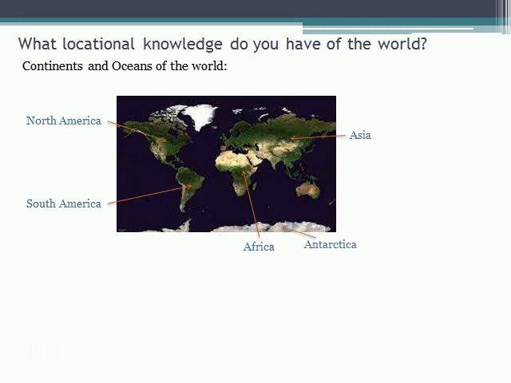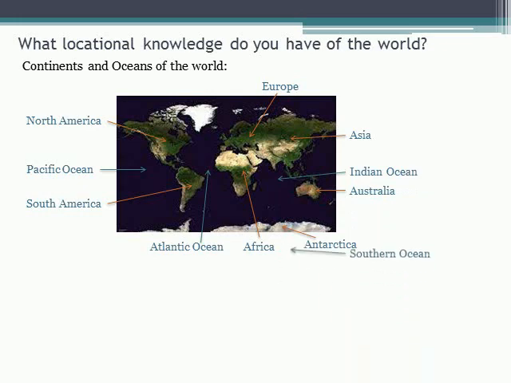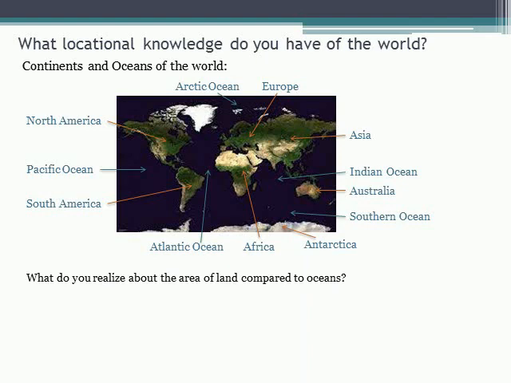Of course, nobody's living there because it's too cold, right? And Europe, finally Australia. And the oceans, starting with the biggest ocean: Pacific Ocean, Atlantic Ocean, Indian and Southern Ocean, and finally the Arctic Ocean. You should all know each of these by heart, okay? You should know where each continent is and the oceans.